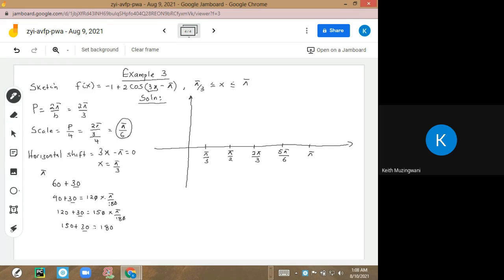So you move from pi over 3, we now start obtaining the corresponding values. So what is f of pi over 3? Excuse me, sir, where is the pi over 2 coming from?